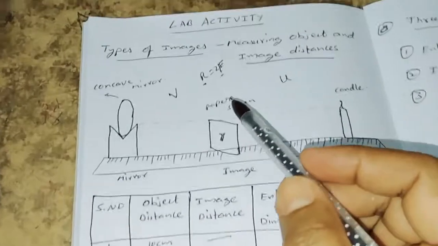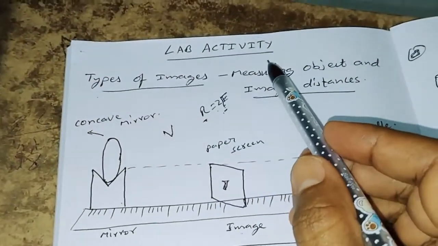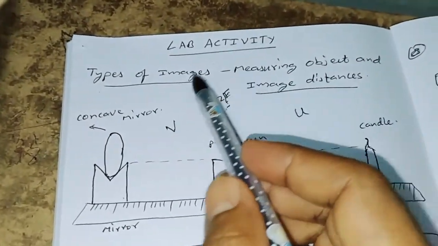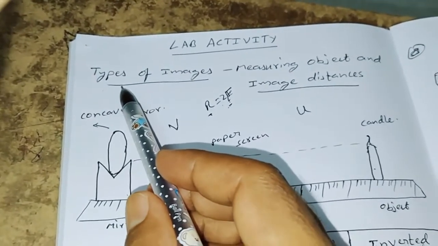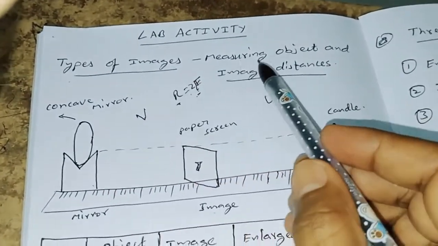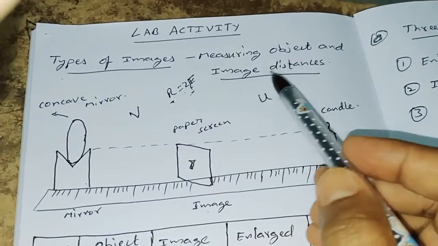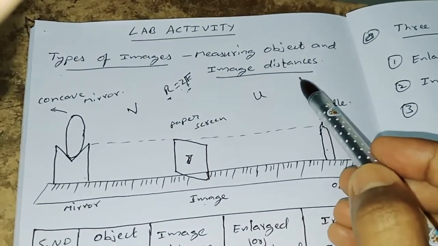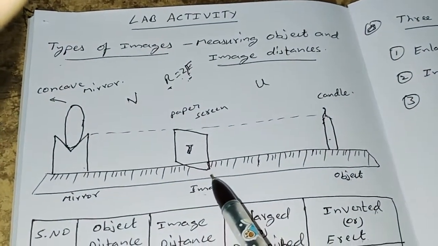So like this we can do this lab activity. By doing this lab activity, we can identify the different types of images, and we can measure the object and image distance values. So what is meant by object and image distance values?